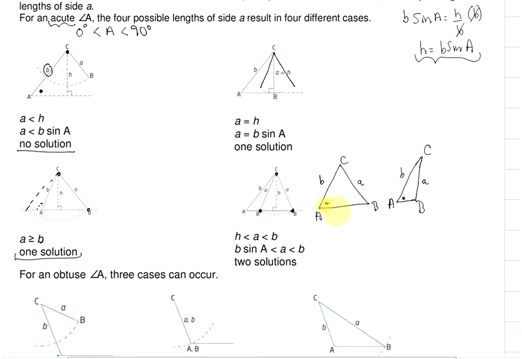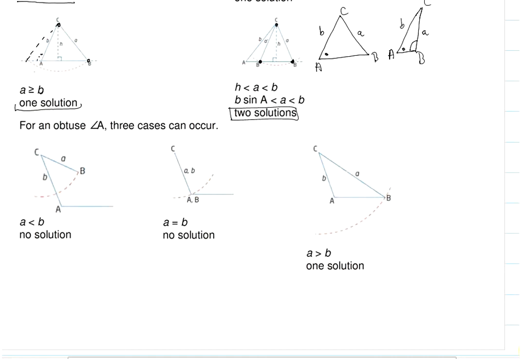I get one triangle where all my angles are acute, or I get a second triangle where one of my angles is obtuse, and obtuse meaning between 90 degrees and 180 degrees. So with this one here, I get two possible solutions.